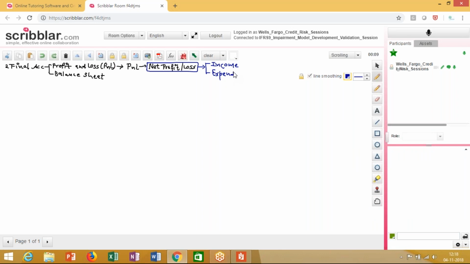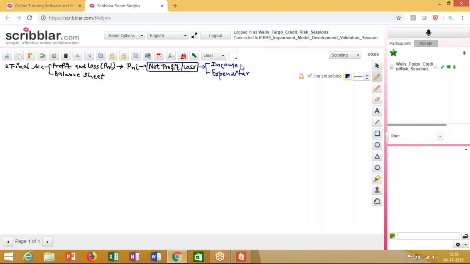The P&L statement is nothing but the record of the income and the expenditure made by the bank. If the expenditure exceeds the income on the whole, it is a net loss. If it's the other way around, it's a net income.